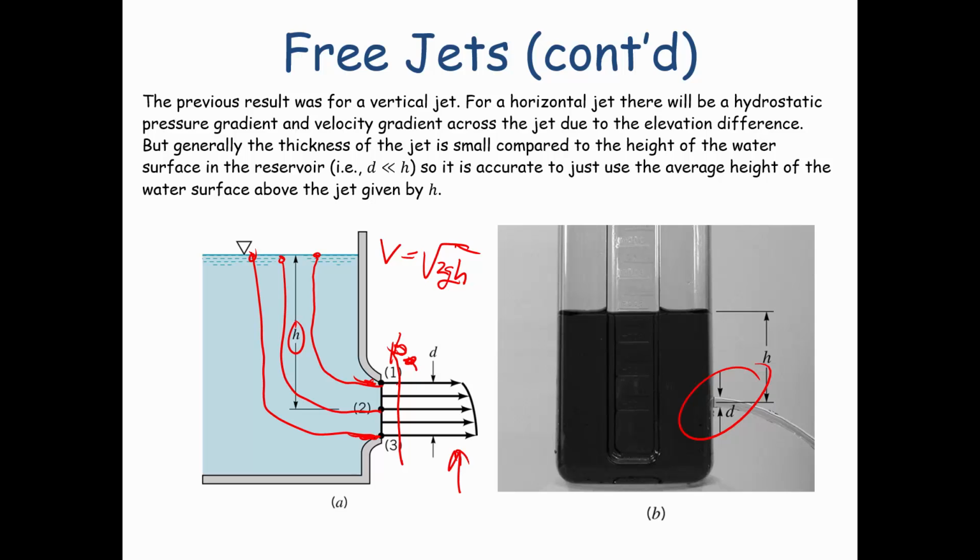Generally, the thickness of the jet will be small relative to the height of the fluid in the container. So it's usually accurate enough just to use the height of the water surface above the center of the jet, in this case above point 2, to determine what the h is that you would use, and that's the value you would use in calculating the velocity.